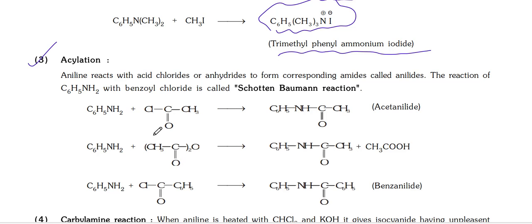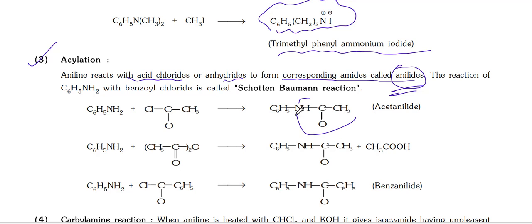Next, acylation. In acylation, aniline reacts with acid chloride or anhydride to form the corresponding amides called anilides. ये names important हैं here. This amide, corresponding, looks like an amide. इधर से देखें तो amide है, ठीक है.